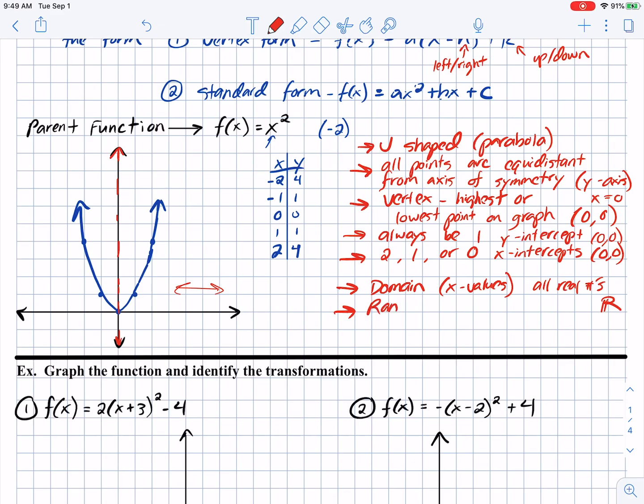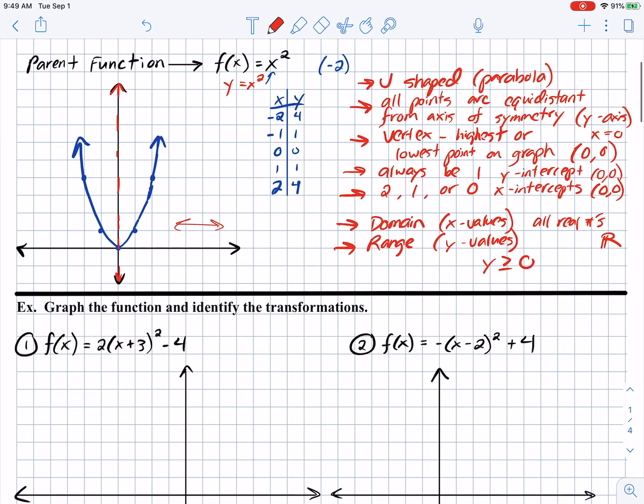Your range represents the y values from a function, your outputs. And in this function, y equals x squared, the only outputs we're going to get here, because we're taking our inputs and squaring them, would be y values that are greater than or equal to 0. Right? There's nothing we can plug in that's going to give us a negative value because we're multiplying it by itself. So the range would be y is greater than or equal to 0.